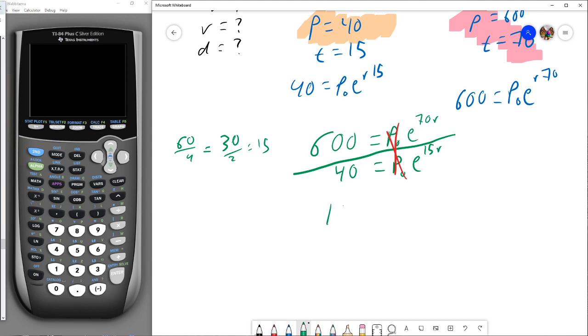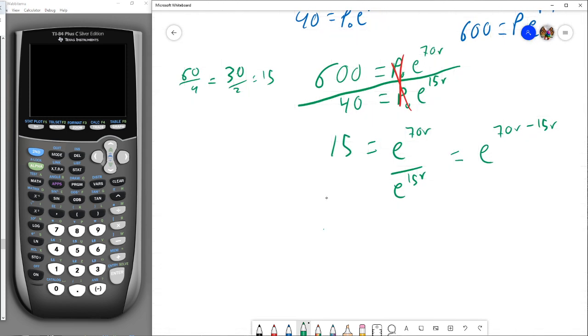So you're left with 15 is equal to e to the 70r over e to the 15r. This quantity on the right is the same thing as e to the 70r minus 15r. So now we have 15 is equal to e to the 55r.